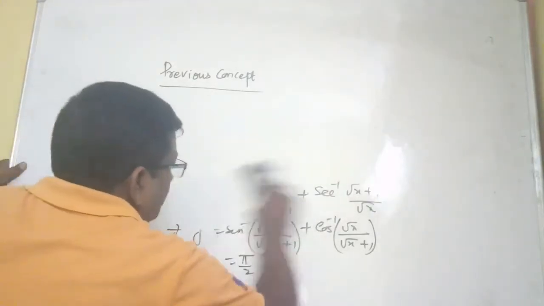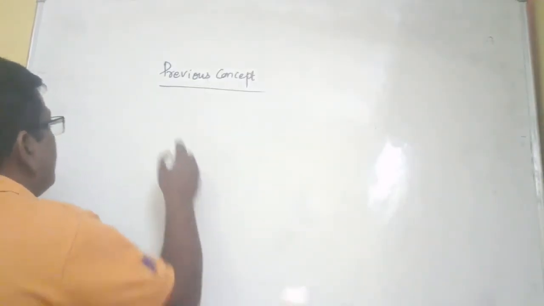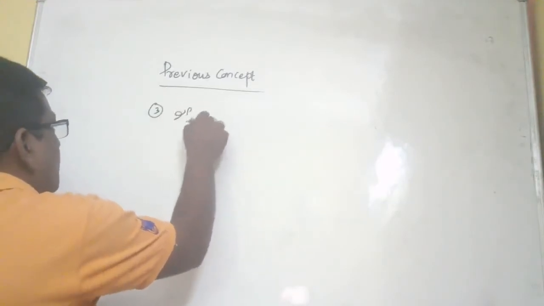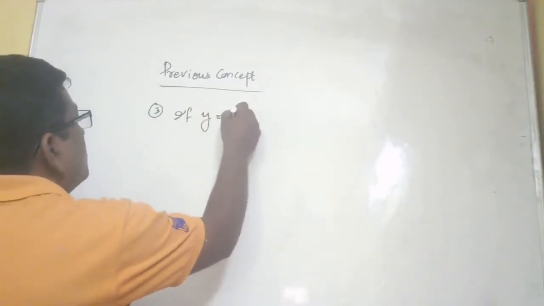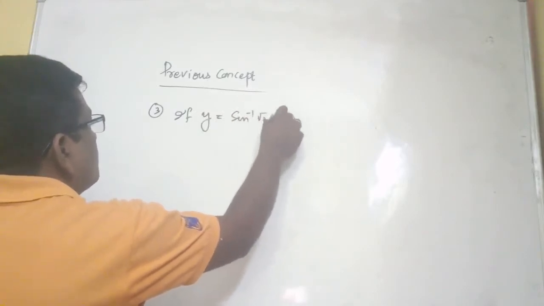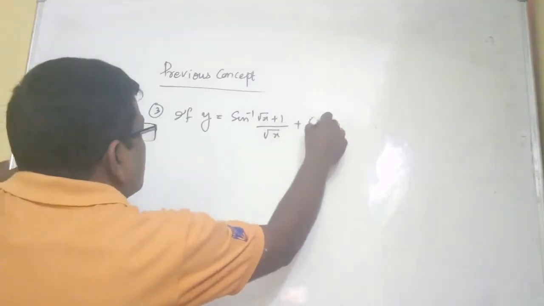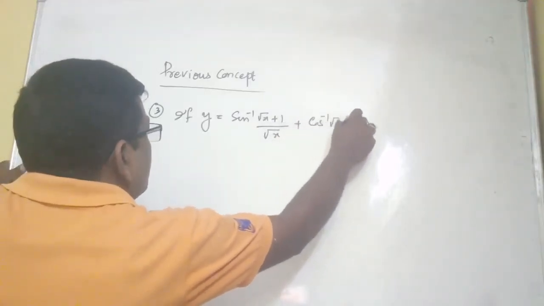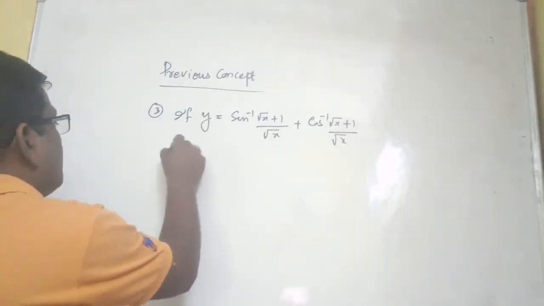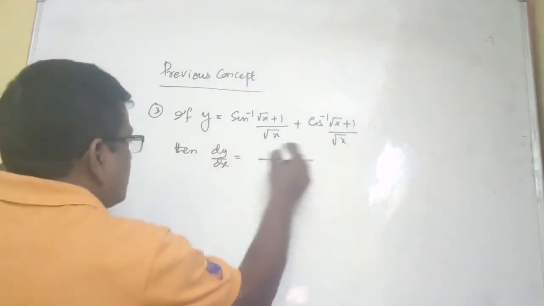Question number 3: if y is equal to sin inverse of root x plus 1 divided by root x plus cos inverse of root x plus 1 divided by root x, then dy by dx is equal to dash.